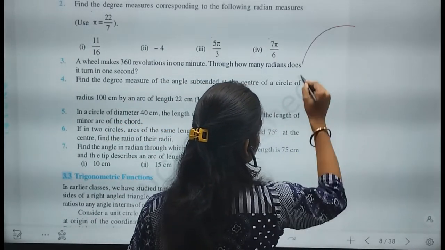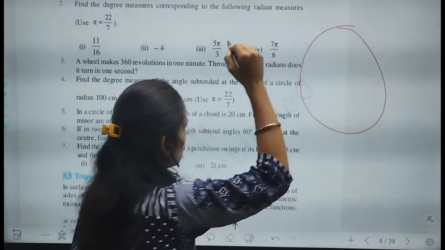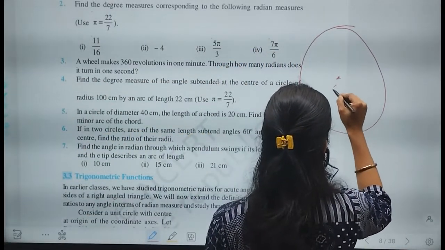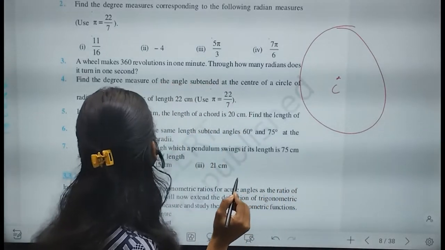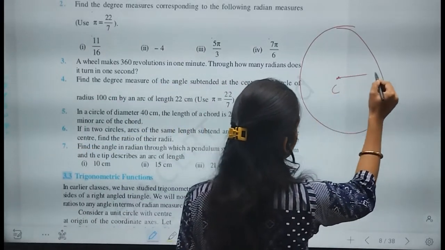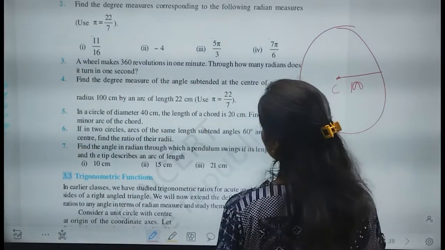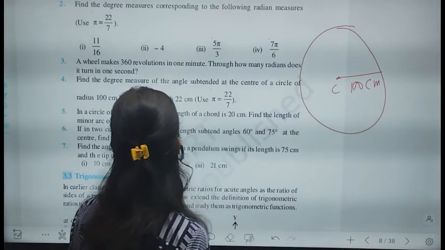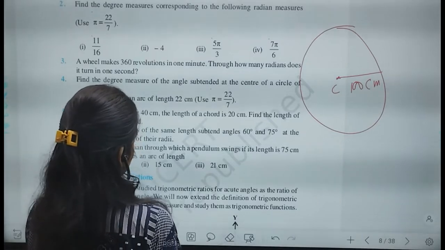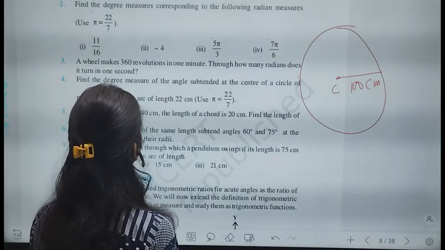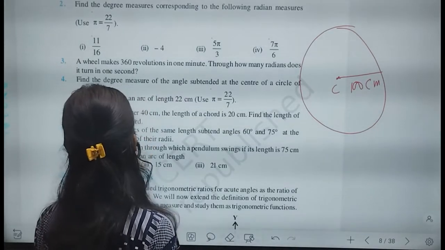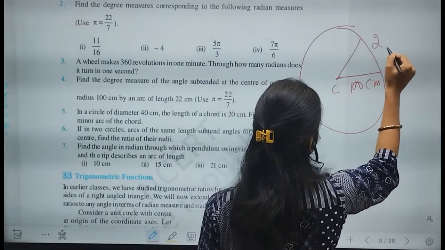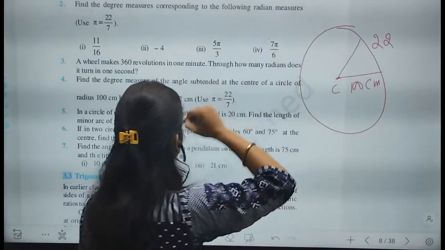Let us suppose this is the center where the radius is 100 and the arc is 22.